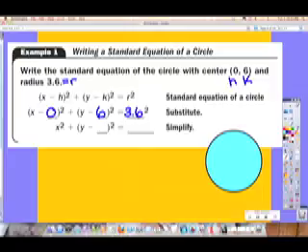You want to keep it in that form, so just put y minus 6 squared. The radius, you do want to square that, so grab your calculators. Do 3.6 squared, or same thing, 3.6 times 3.6. Can I get a hand in here? I get confused. Aiden, what is it? 12.96? Okay, box it up. That's your final answer. That's what the standard equation of that circle would look like.